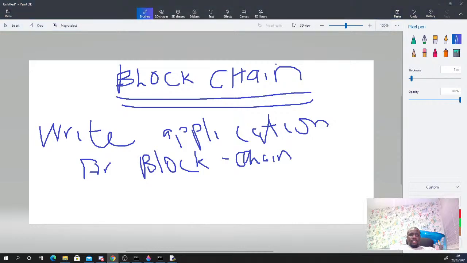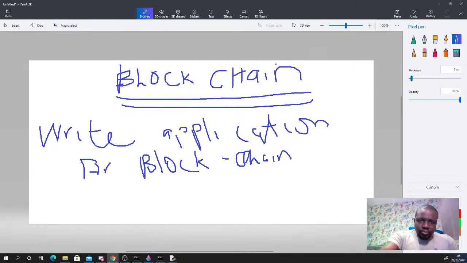Blockchain is a technology, but there are a lot of things that blockchain has actually explored, because when we talk about blockchain, we are not talking about Bitcoin or Ethereum or any other cryptocurrencies. We're talking about the technology that powers those digital currencies. So what is blockchain? Let's begin.